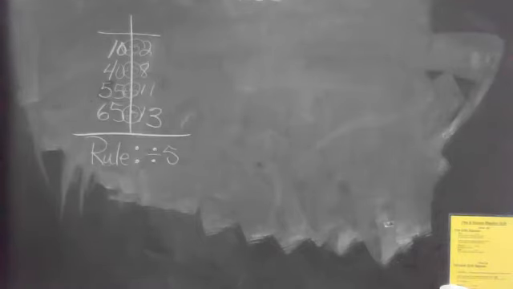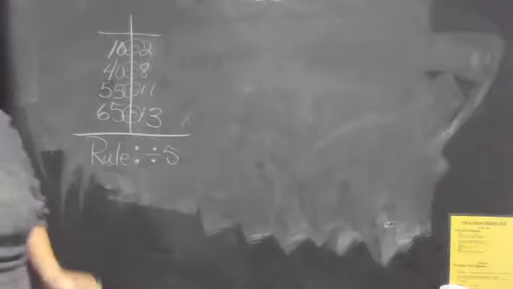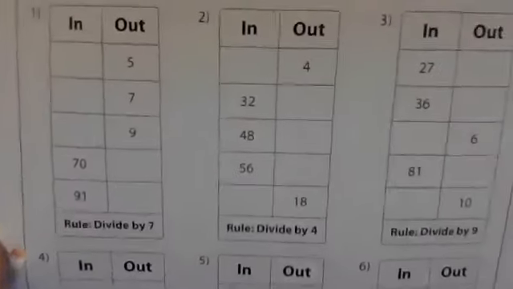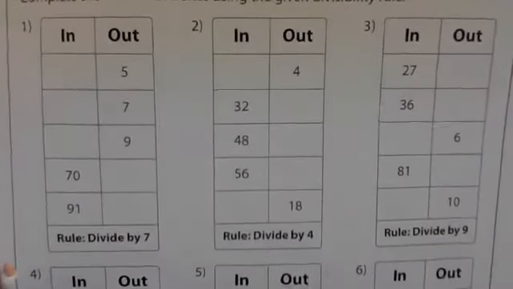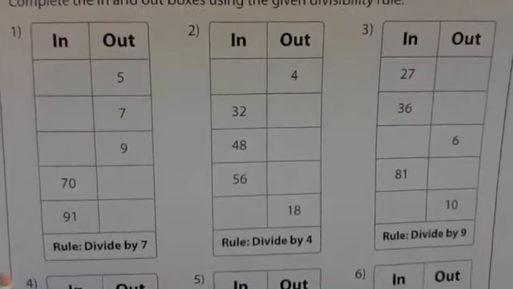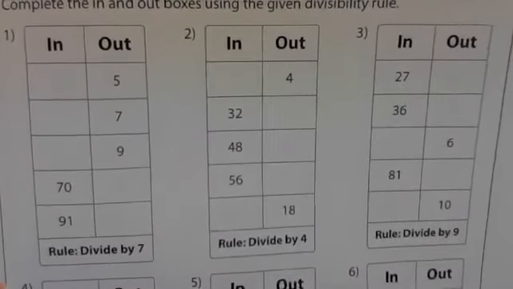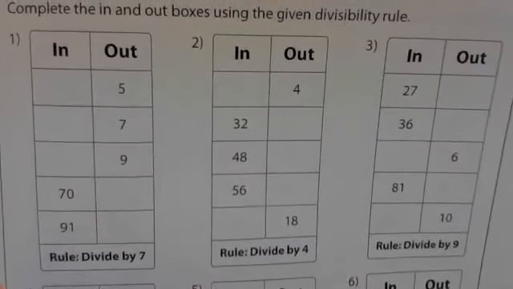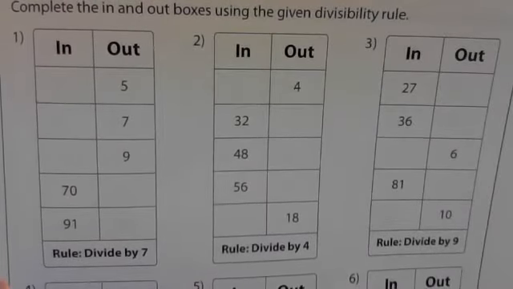Now look at page 5. Now page 5, they gave you the rule, but some of the stuff, they gave you the in column. Some of them they gave the out column. So let's do just one of those.